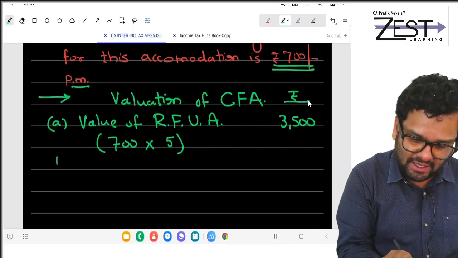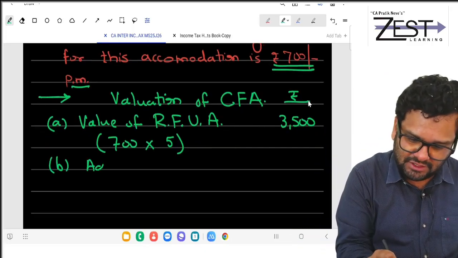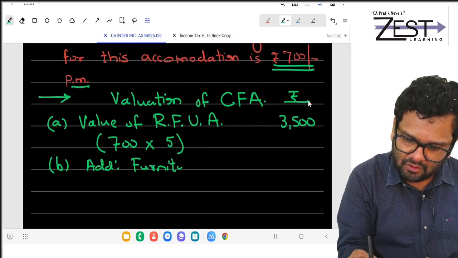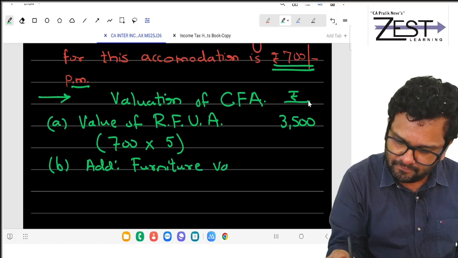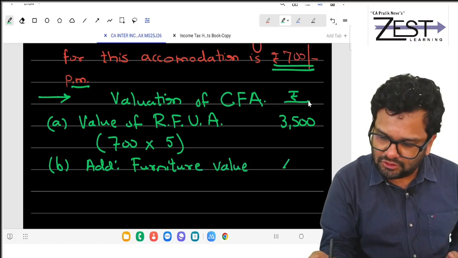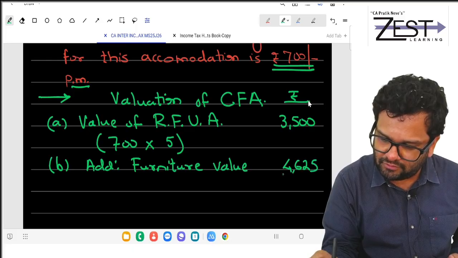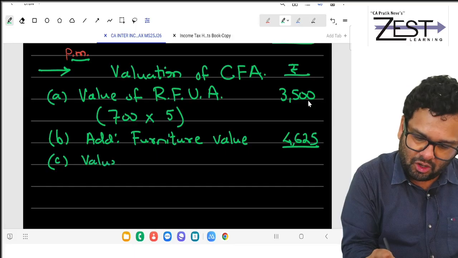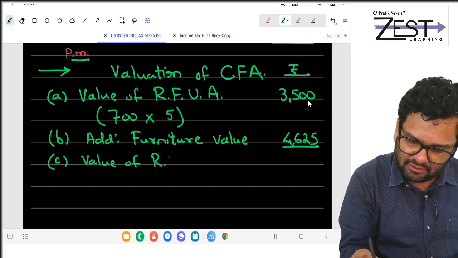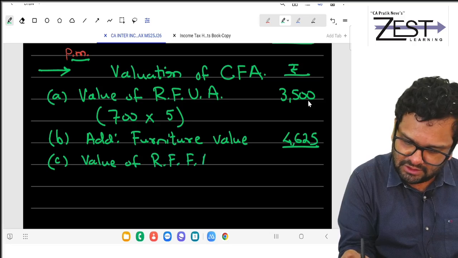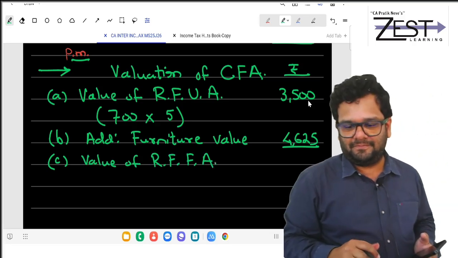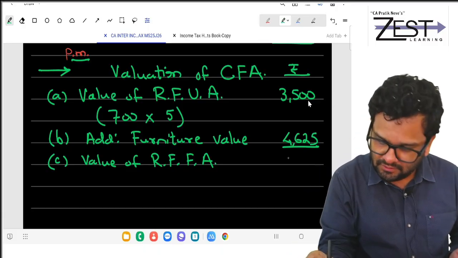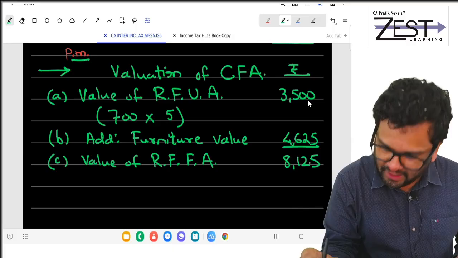But that's only the value of accommodation. Furniture will continue as it is. Add furniture. You have already calculated the value of furniture. What is the furniture value? 4625. Now tell me what is the value of rent free furnished accommodation? 8125.